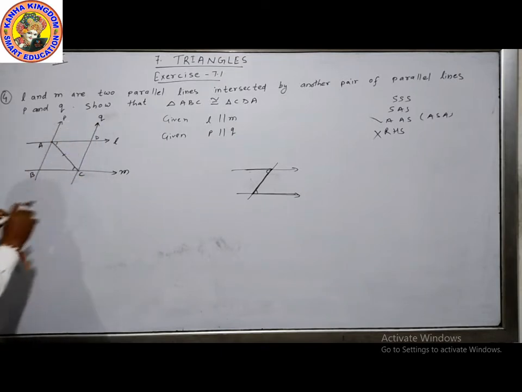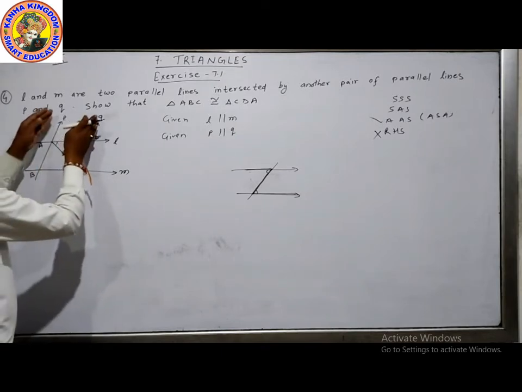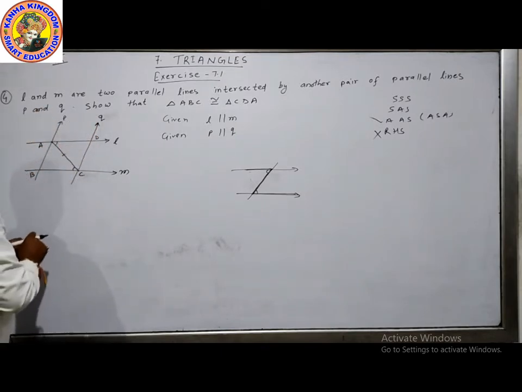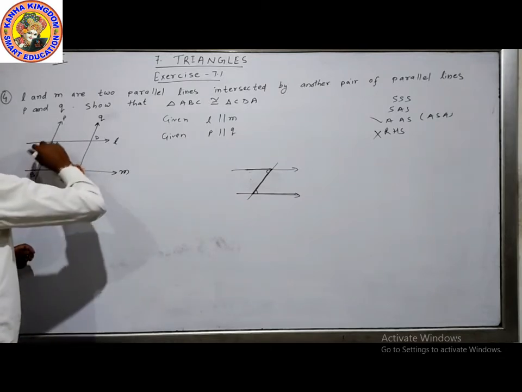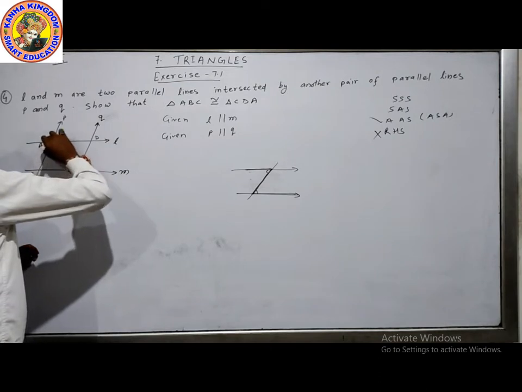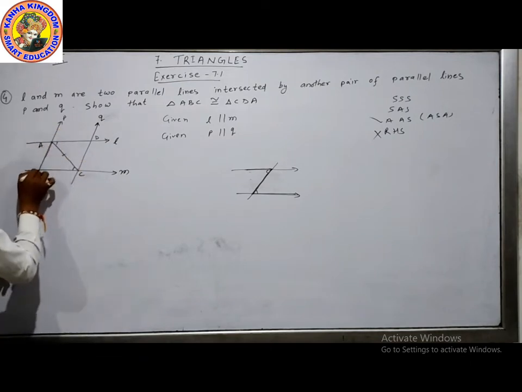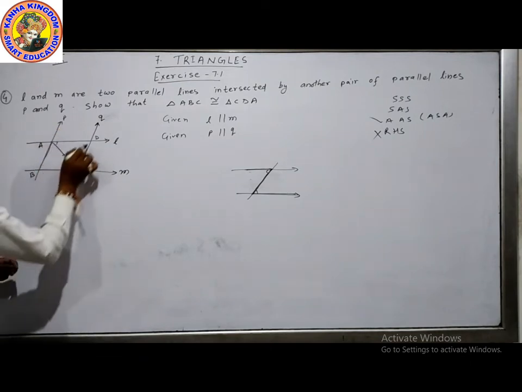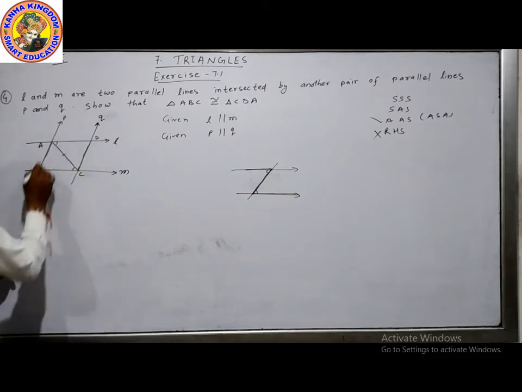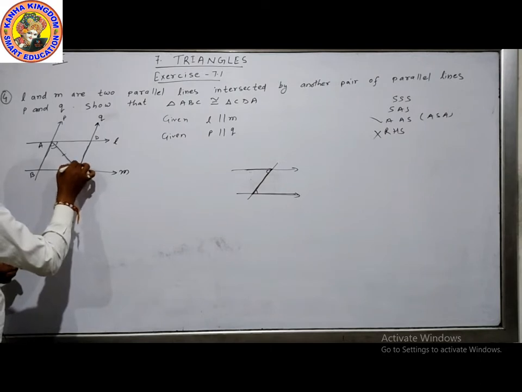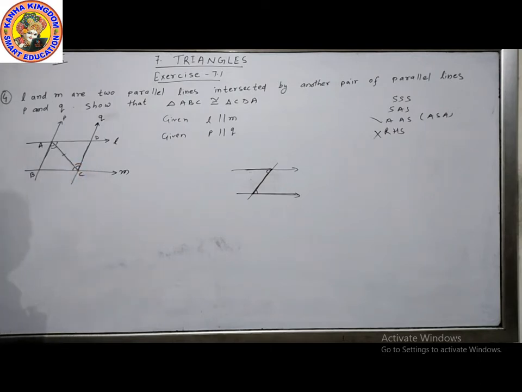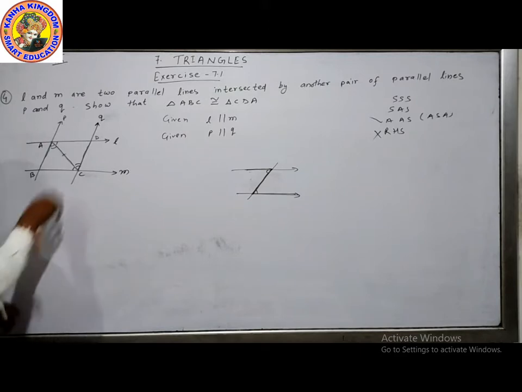When P and Q are parallel, there are two lines P and Q. So the line AC intersects them, and in this diagram there is a Z. So this angle and this angle are equal. Now we see this diagram.